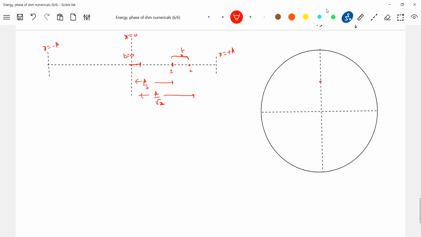A by 2 is here, a by root 2 is here. These are the two triangles I'm drawing.